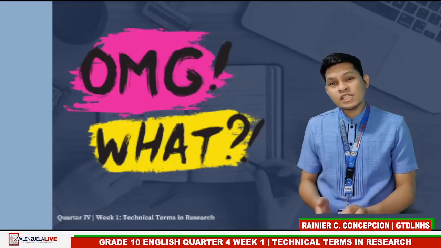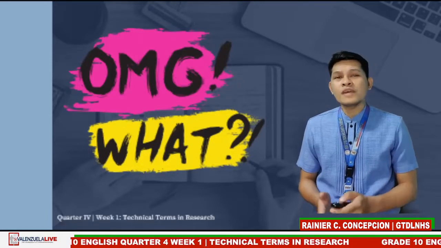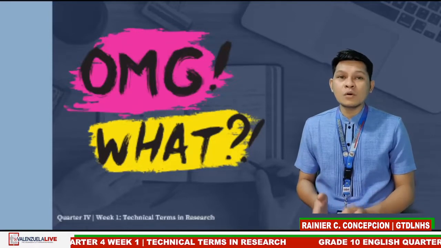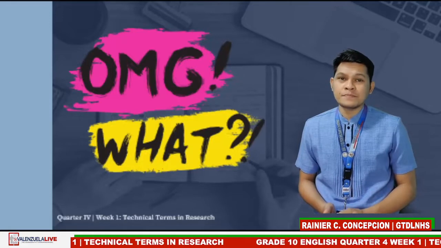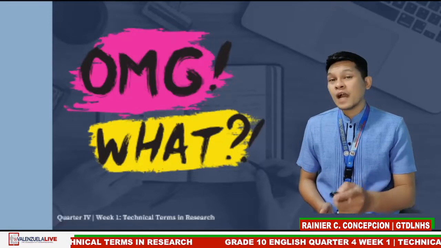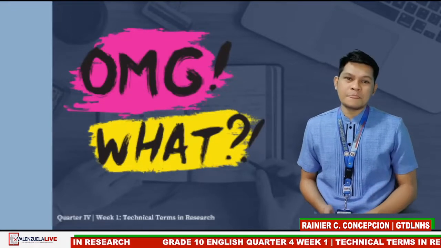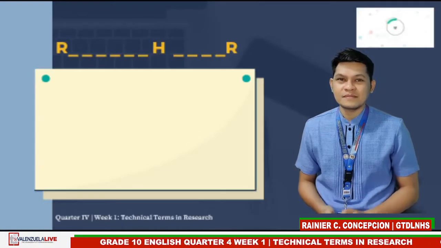The definition or examples will be flashed on your screen. With the help of some clues like letters in the beginning, middle, or at the end, I want you to help me identify each term. You will be given 5 seconds to key in your answer in our comment section below. Ready? Let's go!